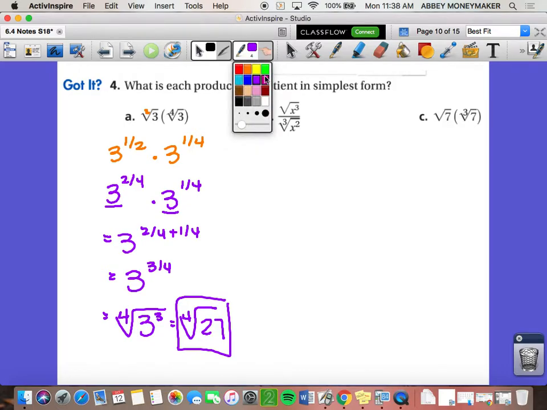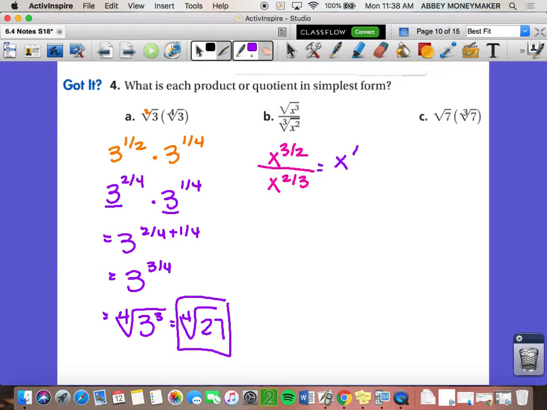Same thing with part B. I'm going to rewrite this and say that's x to the 3/2 over x to the 2/3. And I know I can subtract, but I have to make sure that those fractions have common denominators. So I'm going to make their denominators become a 6.